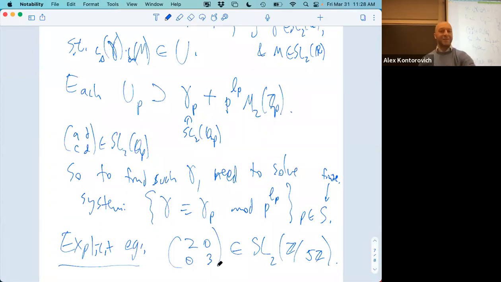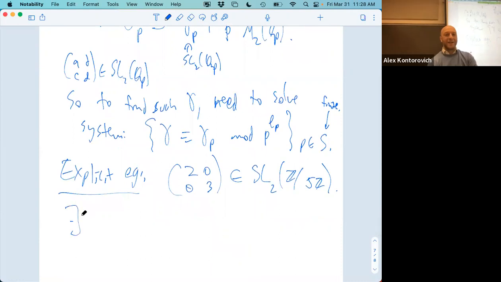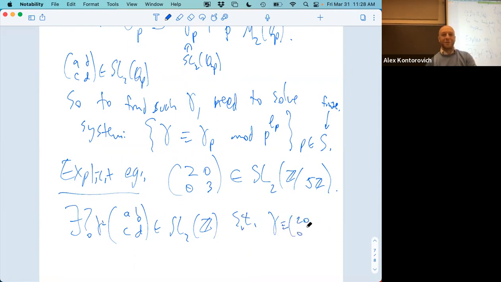Does there exist a matrix (A B; C D) in SL2 Z such that this gamma is congruent to (2 0; 0 3) mod 5? Okay, you know the answer, but.